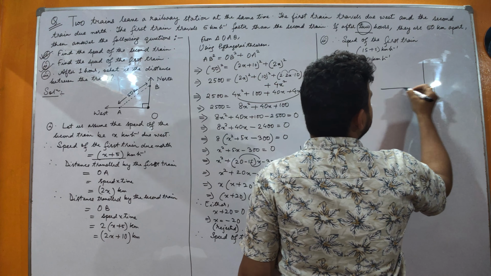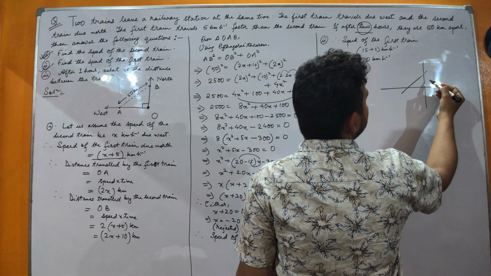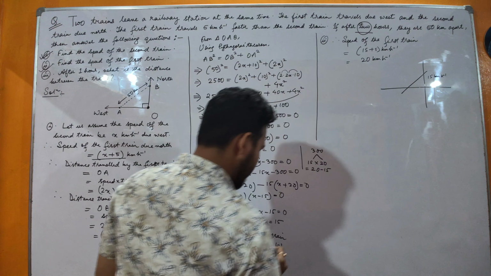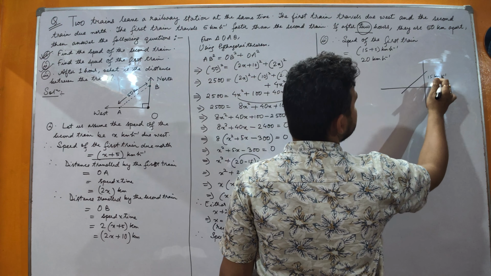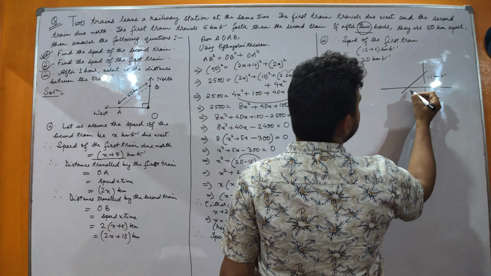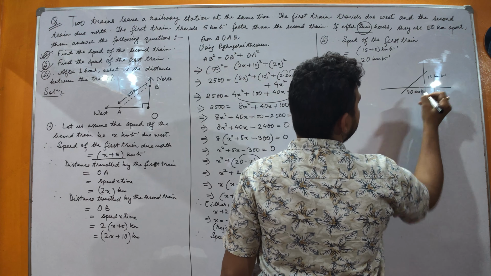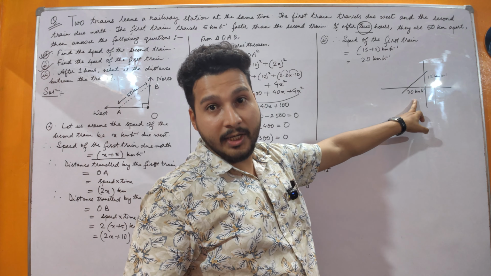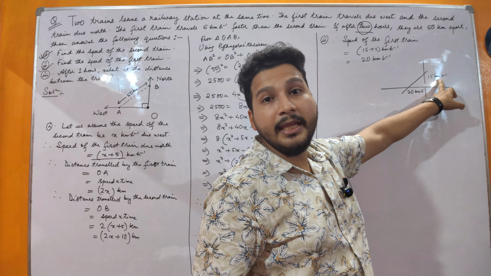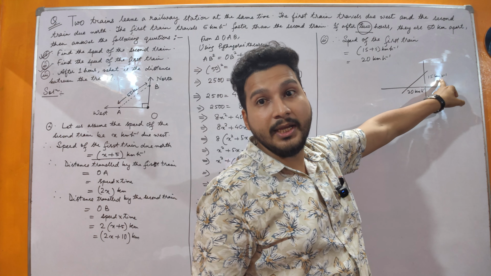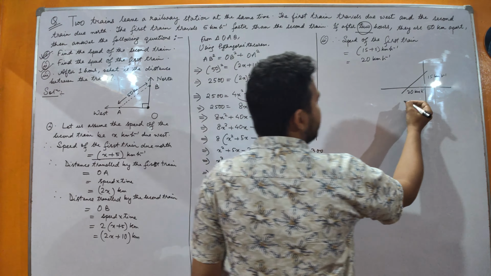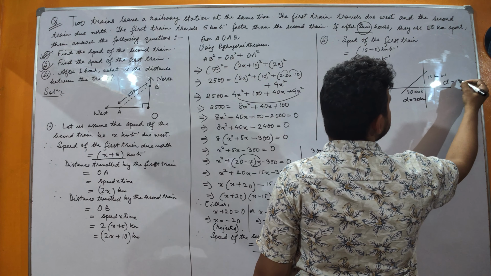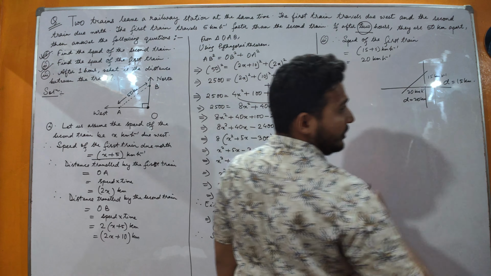So in 1 hour the distance traveled by the first train is 20 kilometer, and by the second train, 15 kilometer.